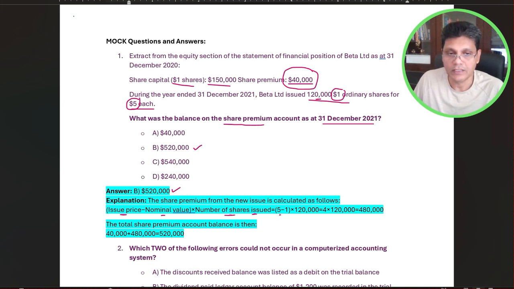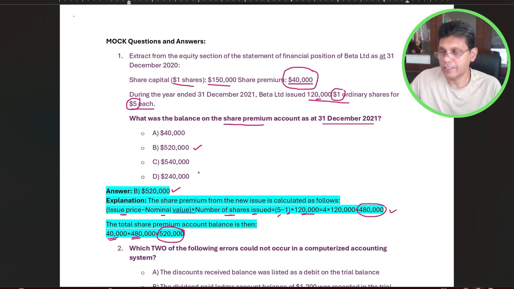So the share premium for the issued shares will be 480,000, plus we had an opening balance of 40,000. Once you add the opening balance to the new balance, that will be 520,000. So this is the correct answer for this particular question.